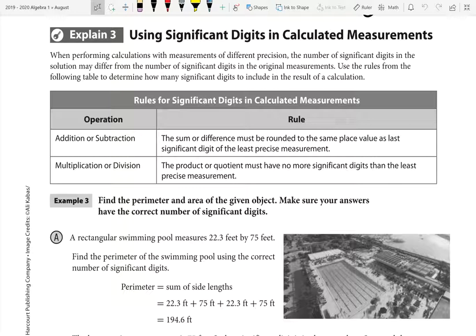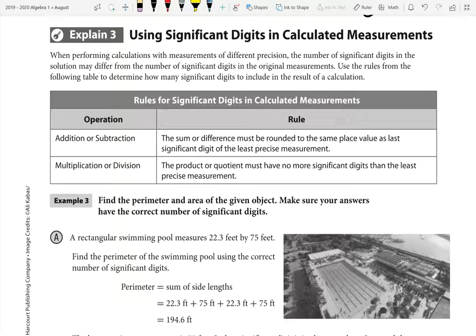But here we go. Operation, addition or subtraction. The rule, the sum or difference must be rounded to the same place value as the last significant digit of the least precise measurement. So you would think that they would want the most precise measurement, but they don't. They want the least precise measurement. For multiplication or division, the product or quotient must have no more significant digits than the least precise measurement.